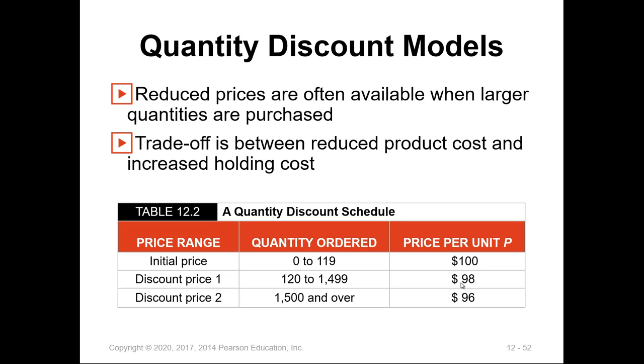An example of a quantity discount schedule is shown in the table. If you purchase from 0 to 1,199, the price per unit will be $100, but if you purchase 1,200 to 1,499, the price per unit will be $98, and if you purchase 1,500 and up, then the price per unit will drop down to $96.